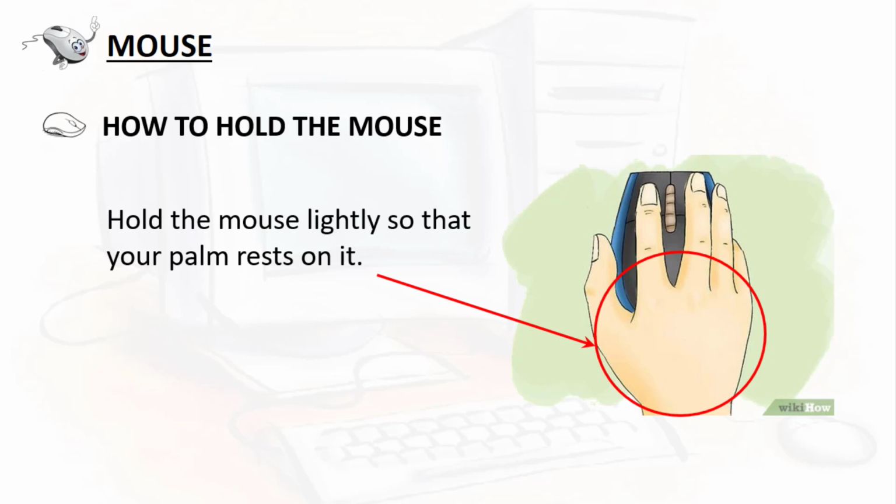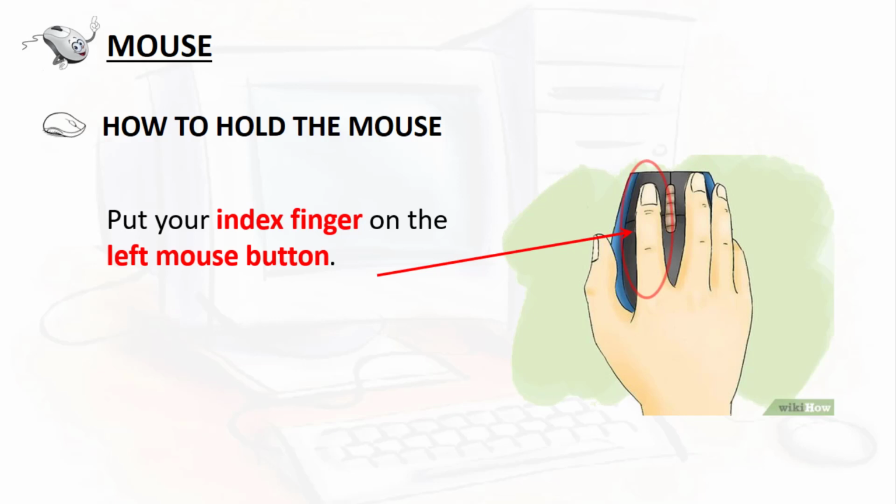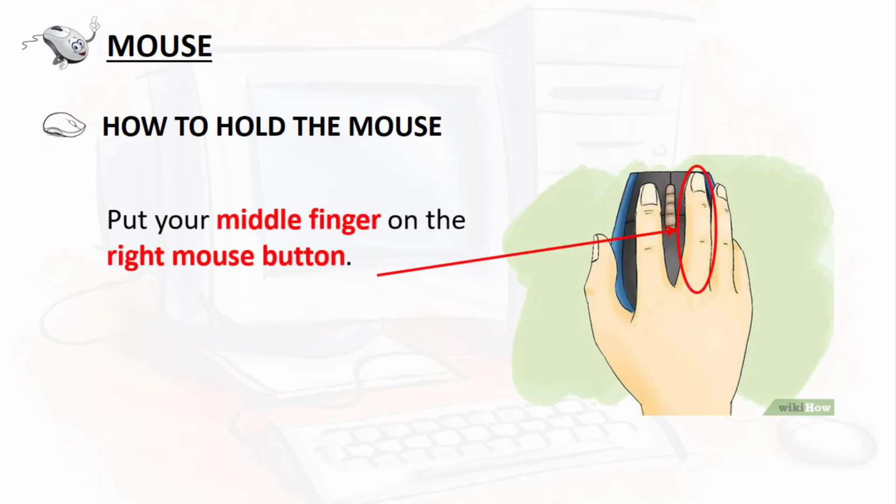Put your index finger on the left mouse button. Put your middle finger on the right mouse button. As you can see in the image, we place our middle finger on the right mouse button.